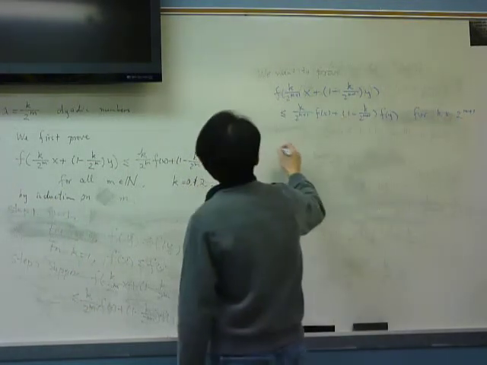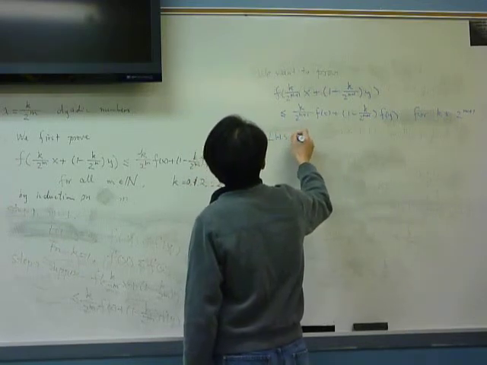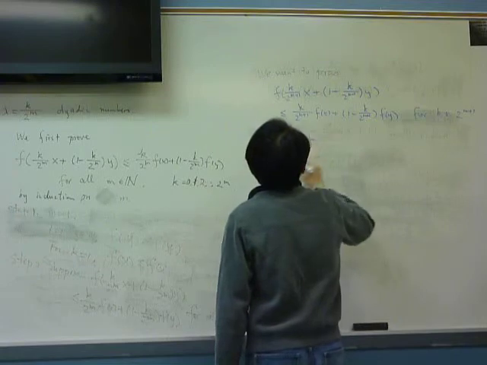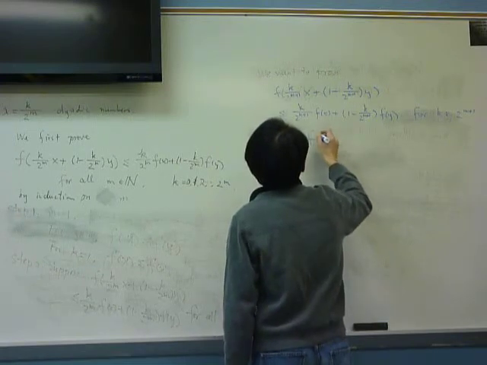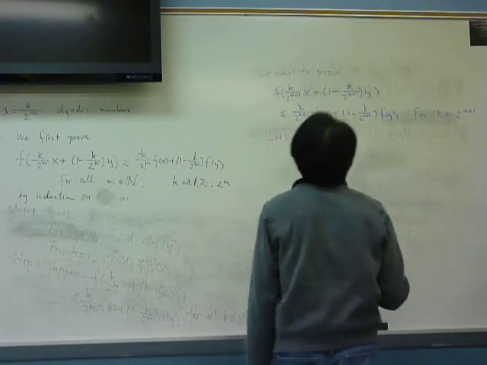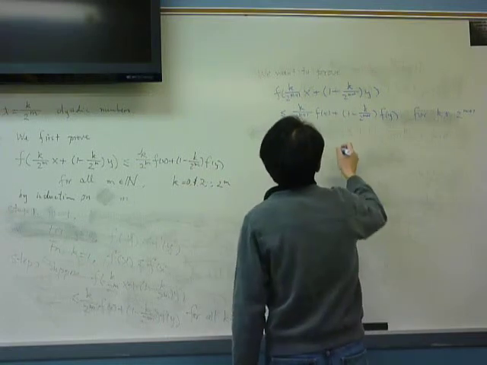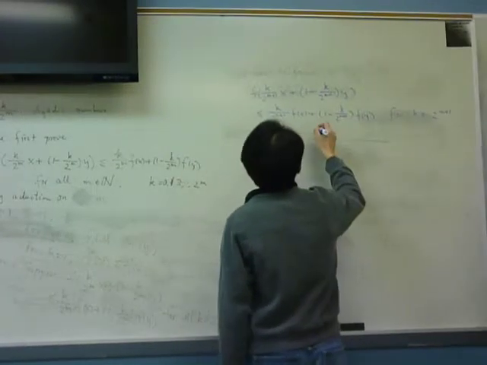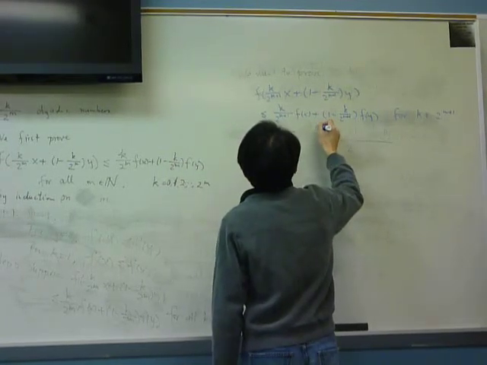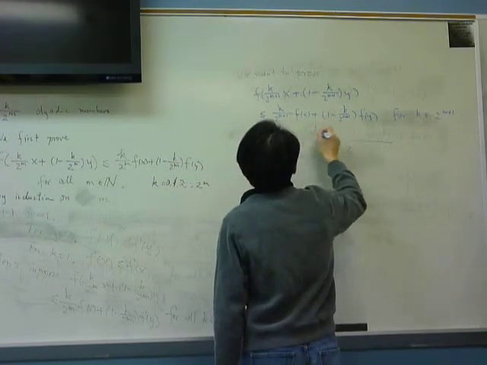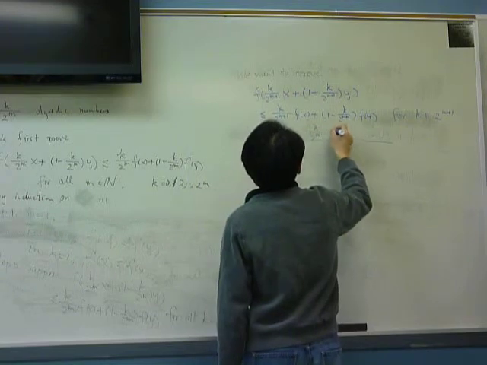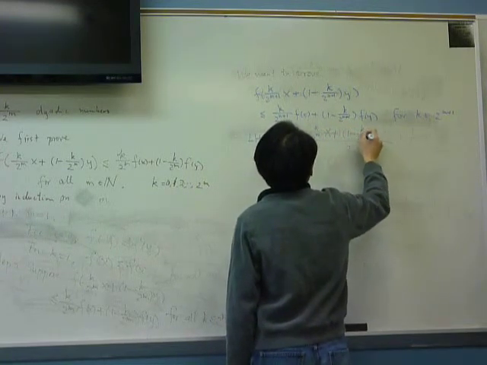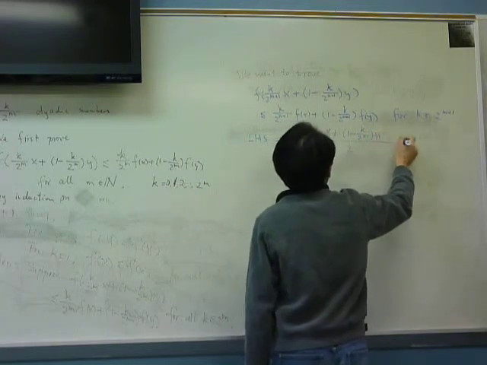So now the left-hand side, I can write it as f of half of k over 2 to the m times x plus 1 minus k over 2 to the m y.